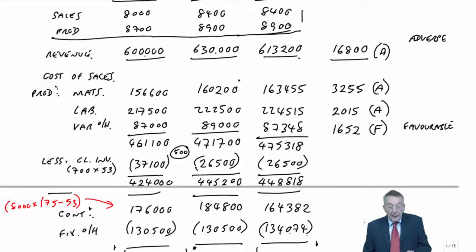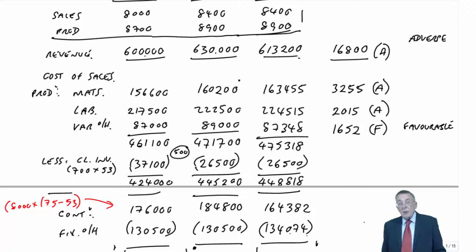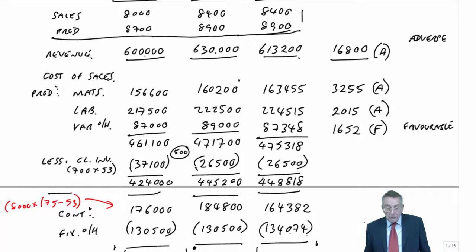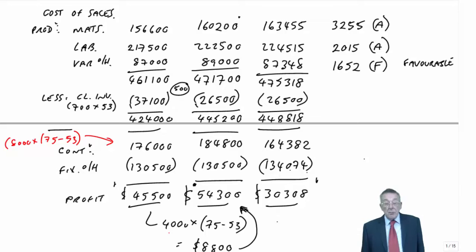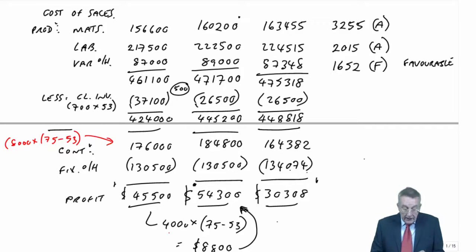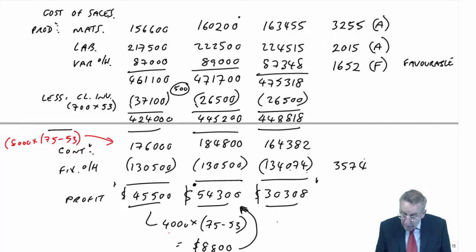What else? Well, no problem with inventory. I've said we always value that at standard cost, so that's not a problem. The only other thing, of course, is fixed overheads. So we should have spent 130,500. It turns out we spent more. The extra is what? £3,574.